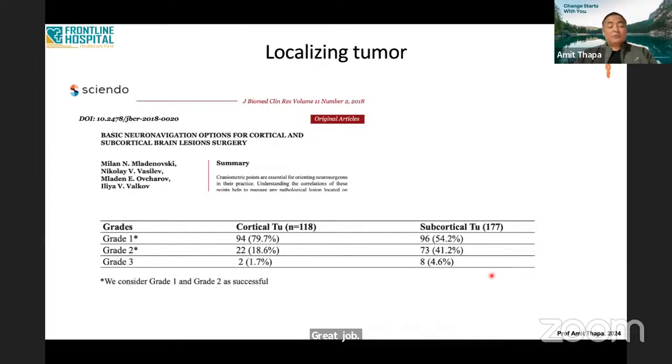Grade 3 are those patients where the lesion had been outside the craniotomy site. So you can see the failure rate, or the chances of not getting the lesion inside your craniotomy, is far lesser when we are using these types of localization techniques based on the craniometric points.